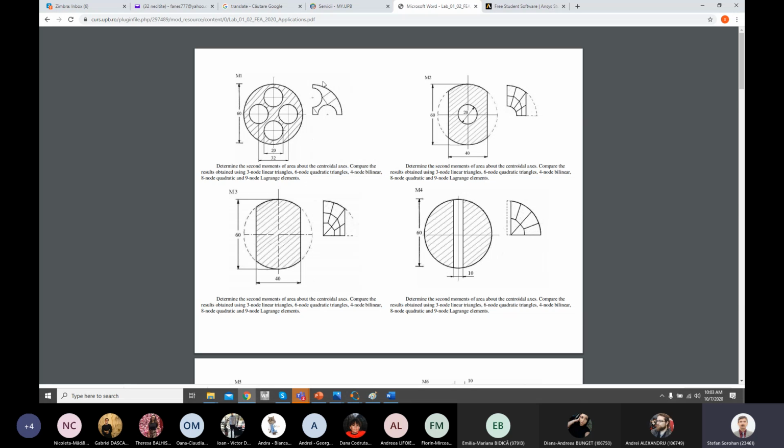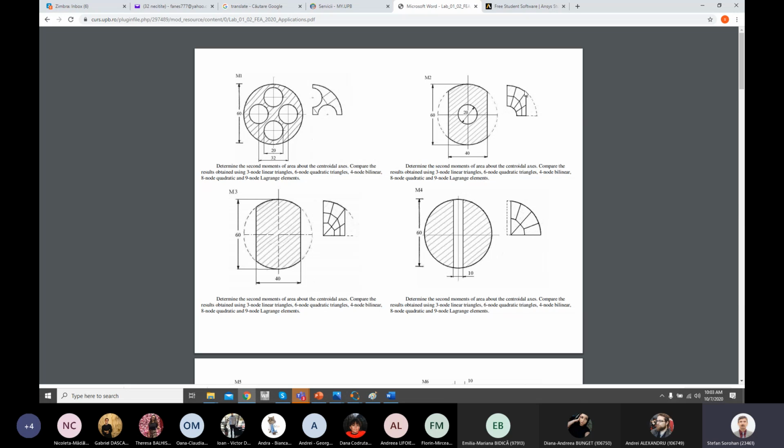And as you can see in the right part here, you have a suggestion for the mesh, but it is not complete. It is good, for example, for quadrilaterals with 8 or 9 nodes.